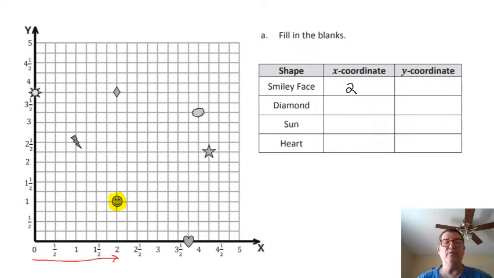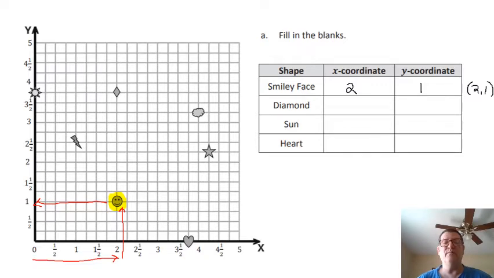Now we want to know how high it went on the y-axis, okay? And we can tell that by looking over here. We can see that it came up 1. So our y coordinate would be 1. So our coordinate pair would be 2, 1.